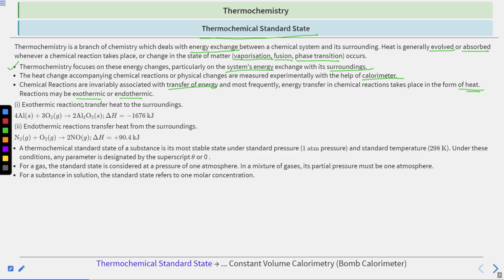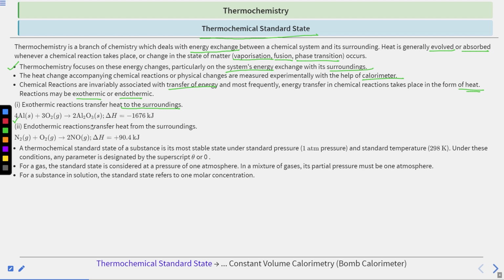Exothermic reactions transfer heat to the surroundings. While any reaction which is exothermic in nature is happening, the heat will be transferred to the surrounding during the reaction. For example, here is a reaction given: 4 aluminium atoms combine with 3 molecules of oxygen, giving 2 molecules of aluminium oxide.